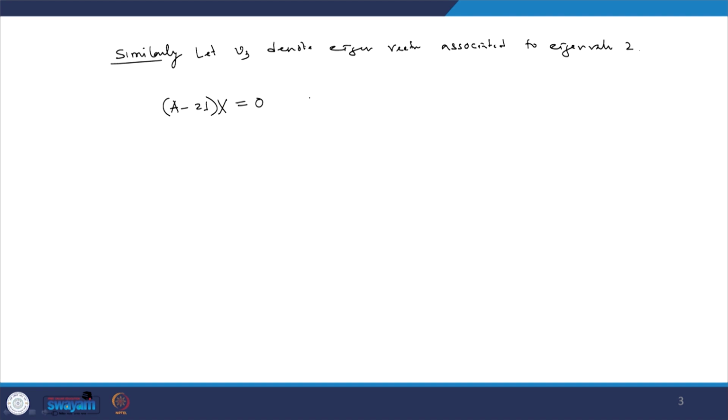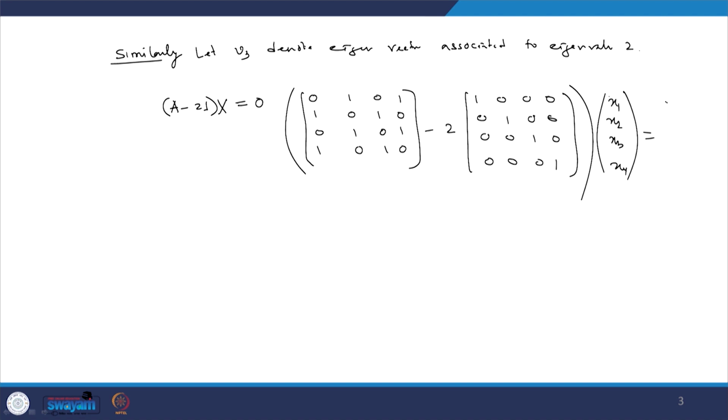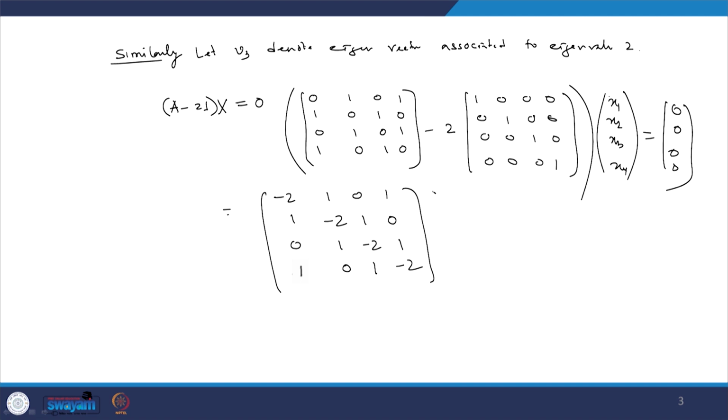So, this gives me the matrix 0 1 0 1, 1 0 1 0, 0 1 0 1, 1 0 1 0 minus 2 into the identity. So, I am getting minus 2 1 0 1, 1 minus 2 1 0, 0 1 minus 2 1, 1 0 1 minus 2, this one into x1, x2, x3 and x4.